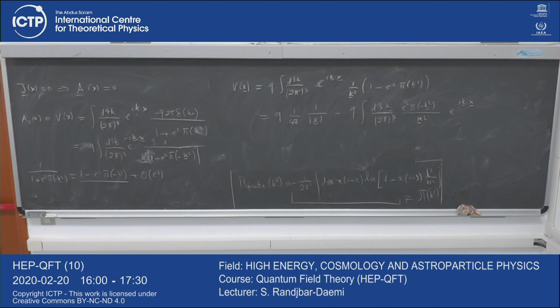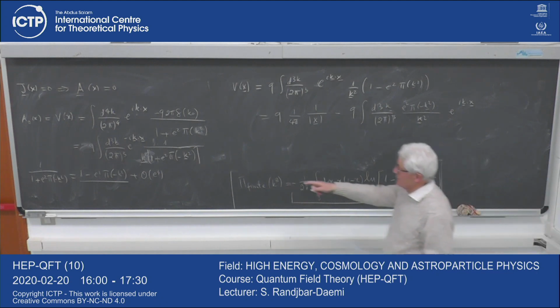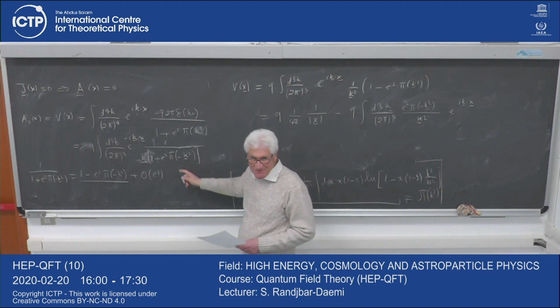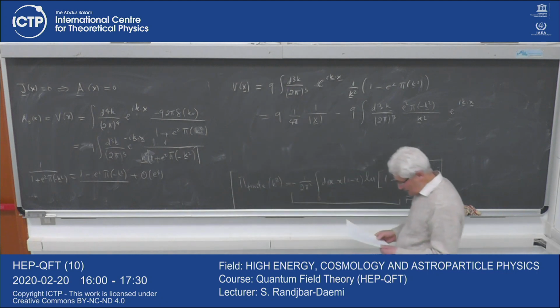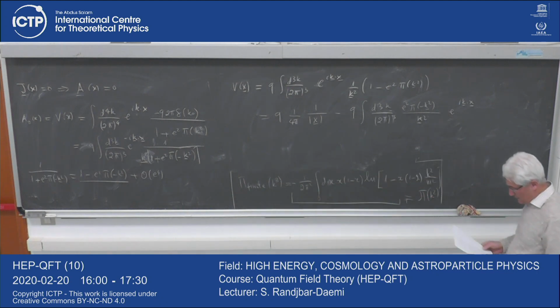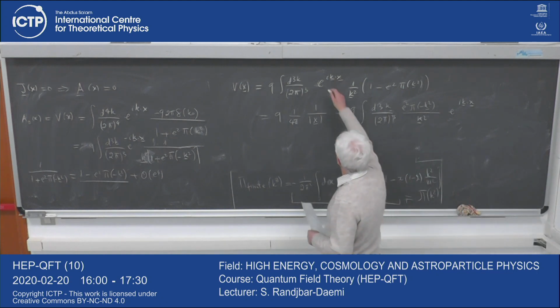In fact, eventually you will end up with this expression again. The exponential should be negative. It doesn't matter, negative or positive doesn't matter. Yeah, here it should be negative, but it doesn't matter.